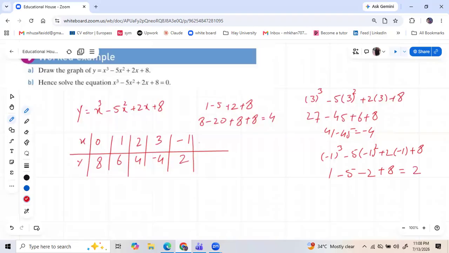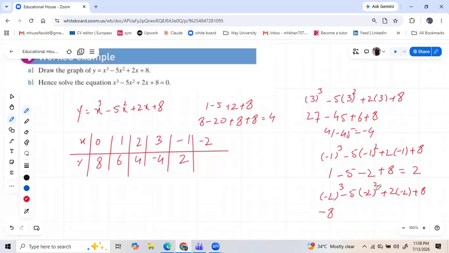Now we are setting minus 2. Look at it here. This is minus 2 cube, minus 5 into minus 2 square, plus 2 into minus 2 plus 8. So minus 2 power cube means we have minus 8.